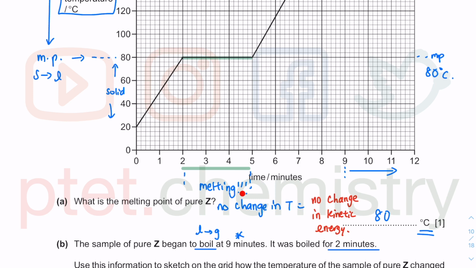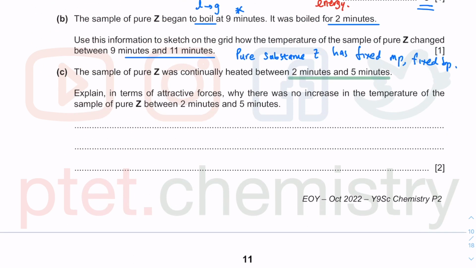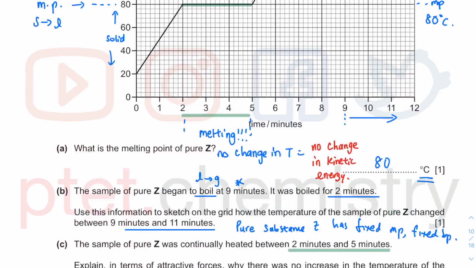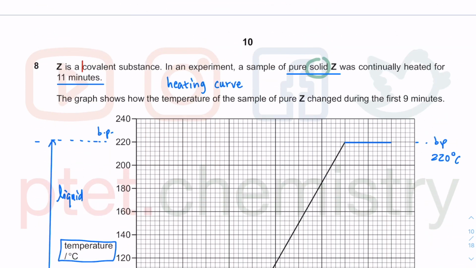Instead, what happened in melting depends on the structure and bonding. You're actually putting in the energy not to make the particles move faster, but for the particles to separate from each other as they go from the solid state to the liquid state. Therefore, depending on the structure, you have to break different kinds of attractive forces. You were told that it was a covalent substance. This is info given.